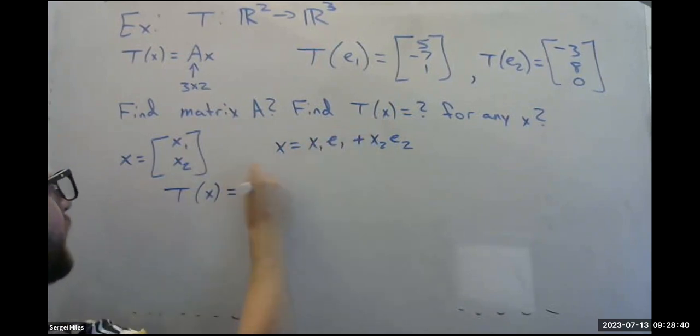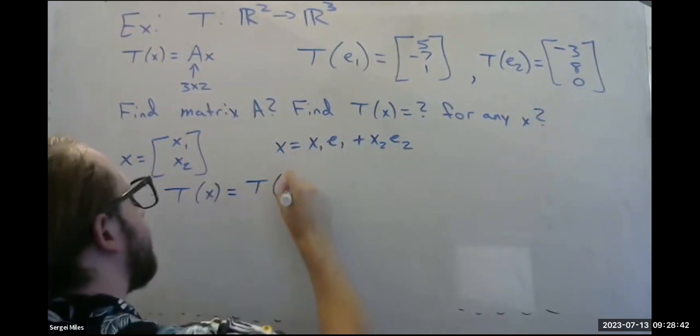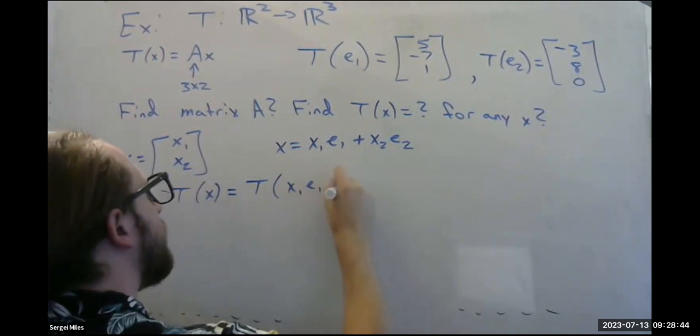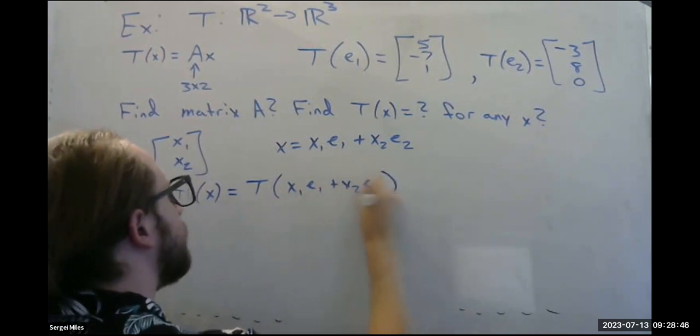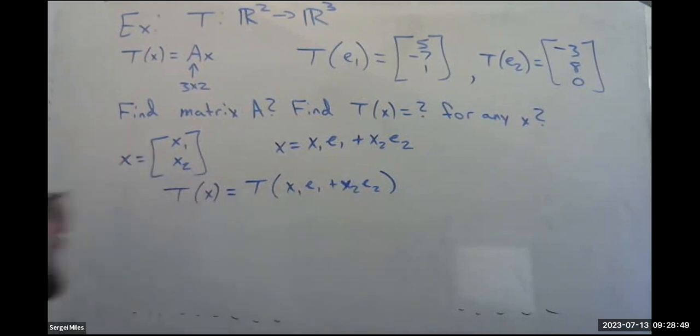Well, let's plug in what we have here. We have T of x1 e1 plus x2 e2. Okay, fine. How does that help us? Well, remember from the end of last class, we talked about transformations. In fact, matrix transformations like this are linear.